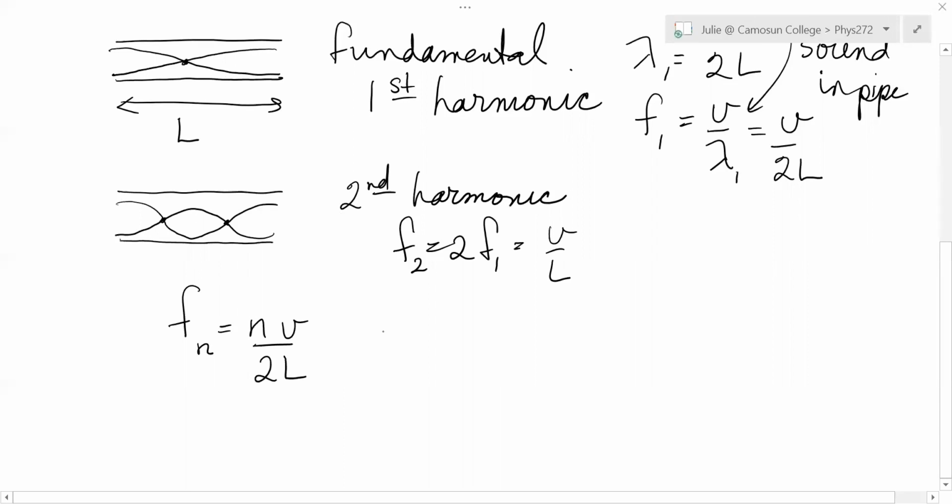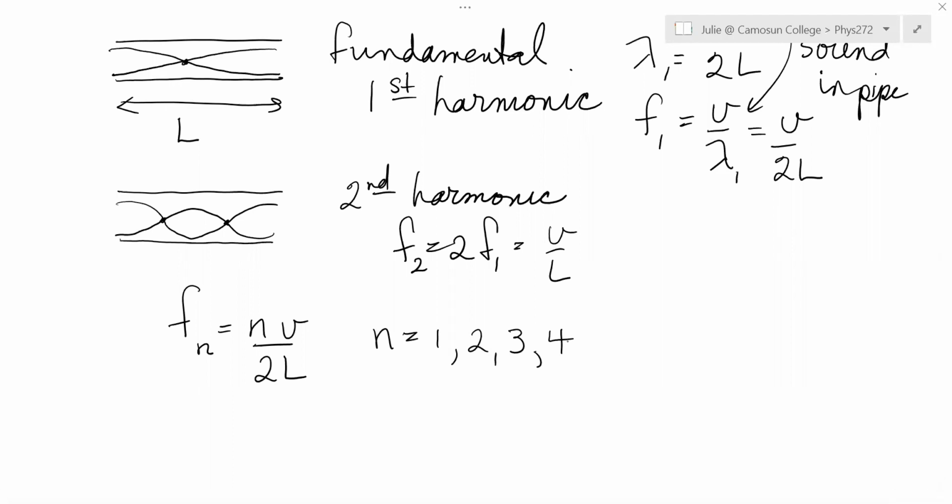Now that looks exactly like the string, and it is exactly like the string. You have integer harmonics, every one is an integer multiple of the fundamental, and you have 2 times L, where L is the length of the pipe. The only difference is you're using the speed of sound now, not the speed of the waves on a string.